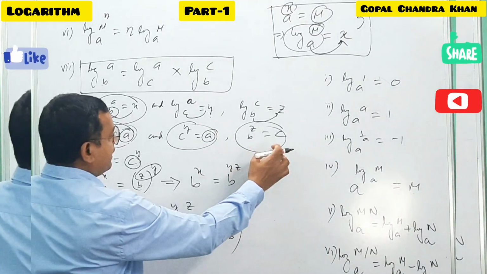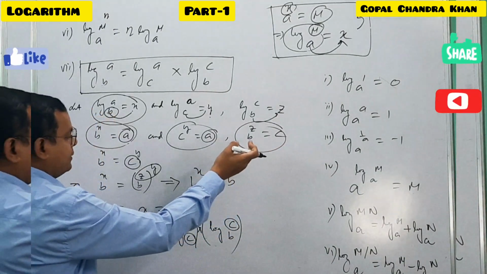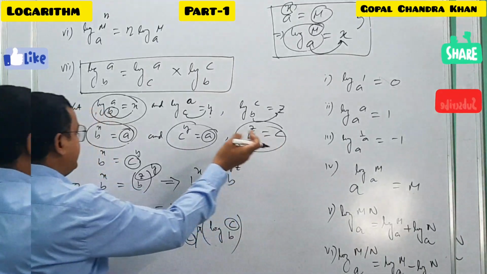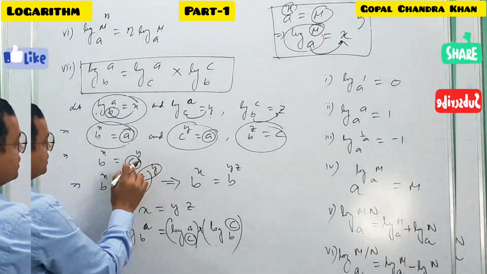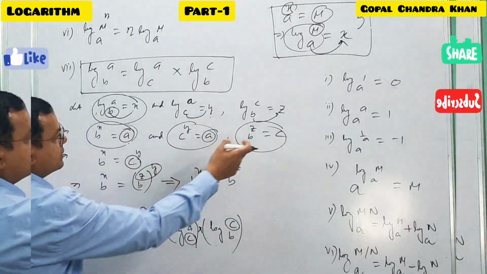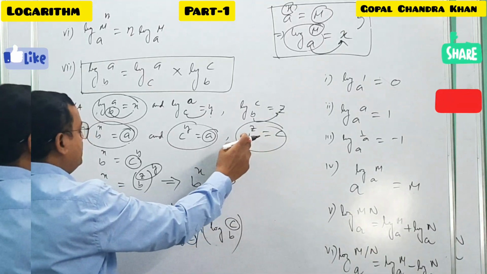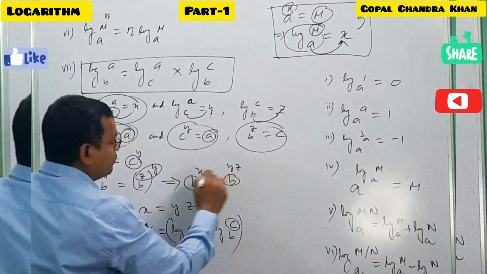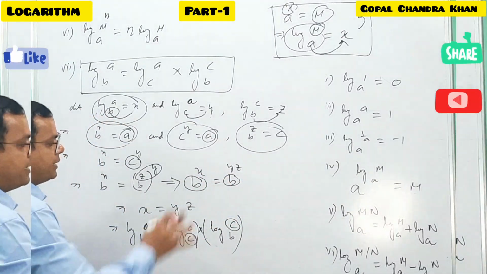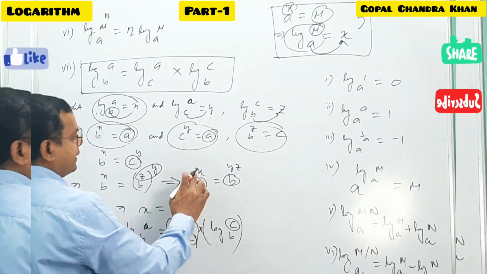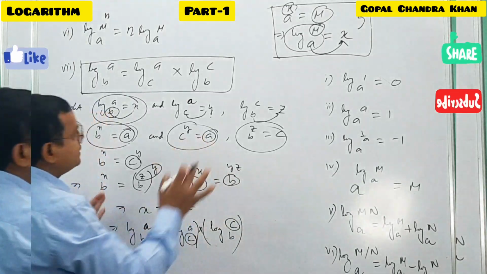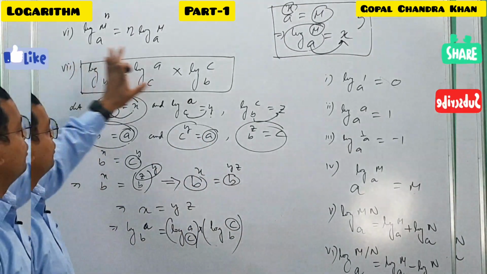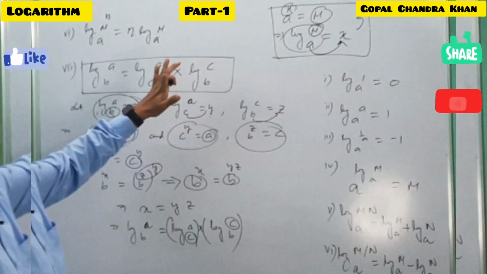Now where are we putting the c value? We are putting the c value in place of this, because if I replace the c value with b, now slowly look at this, this b is also actually removed. By the indices rule we are getting x equal to yz. All these things in the logarithm part are positive values.